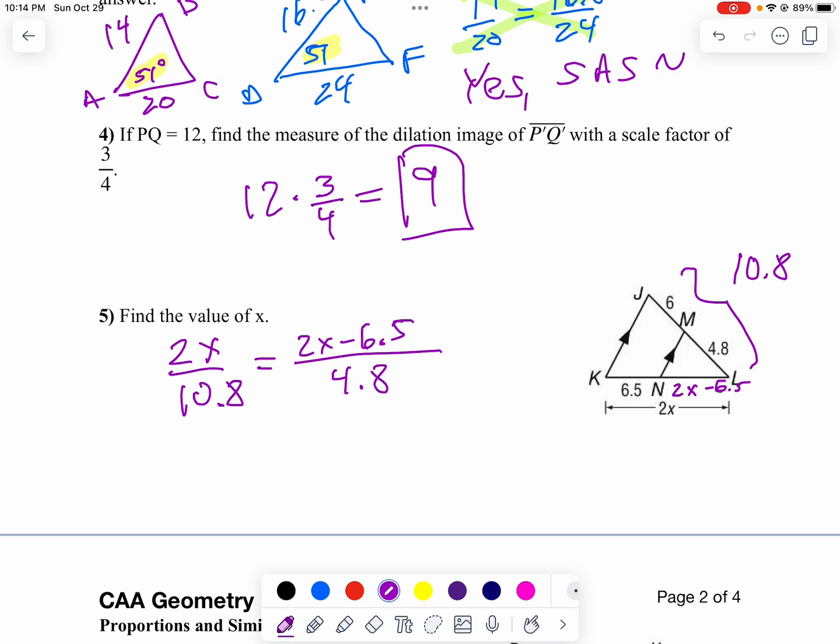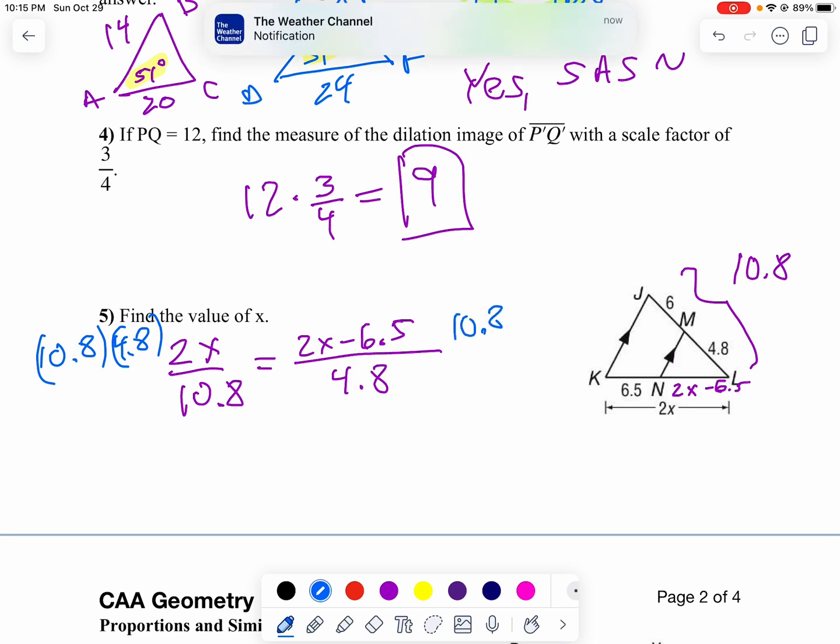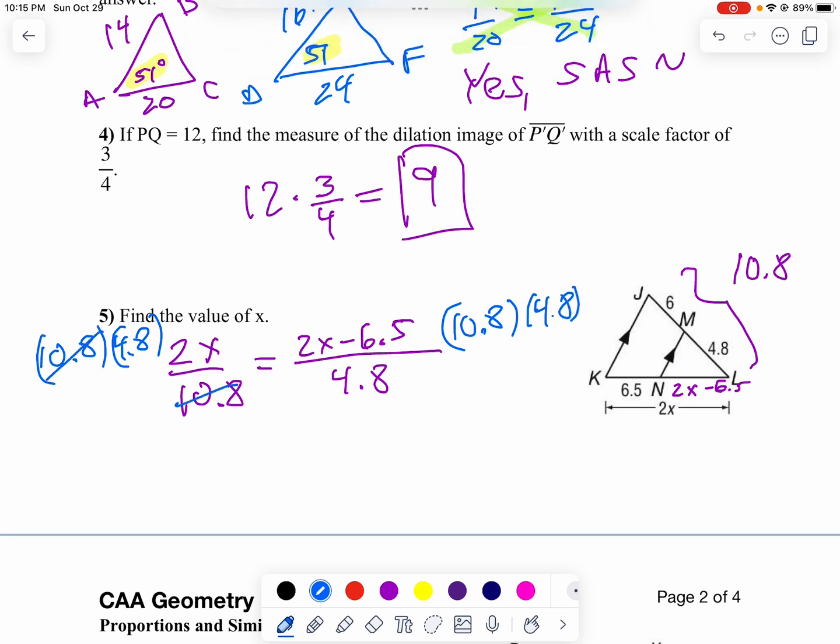And then let's solve for x. I think I did this one more complicated than you needed to, but I chose this way, so we'll do it this way. So we're going to multiply both sides by 10.8 and 4.8. So notice my 10.8's reduce.